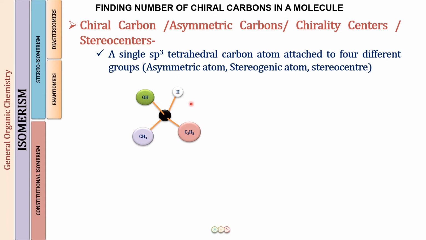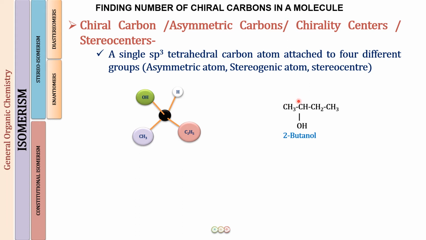Now we have a chiral carbon over here, and we can write this. This is a 3D diagram for it, but this is simply how you write the structure of butane-2-ol. Here you have to first of all identify, because this is how you are going to write in the examination. You will be writing the structure like this, and then you will see which of the carbons is attached to four different groups.